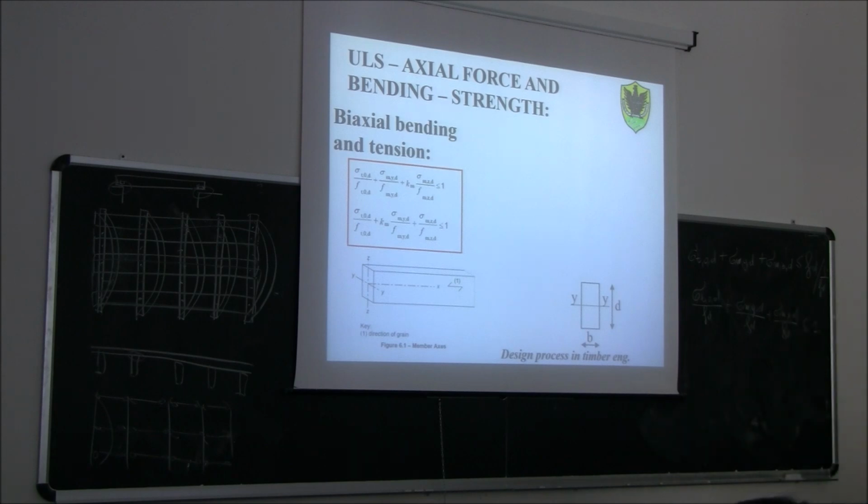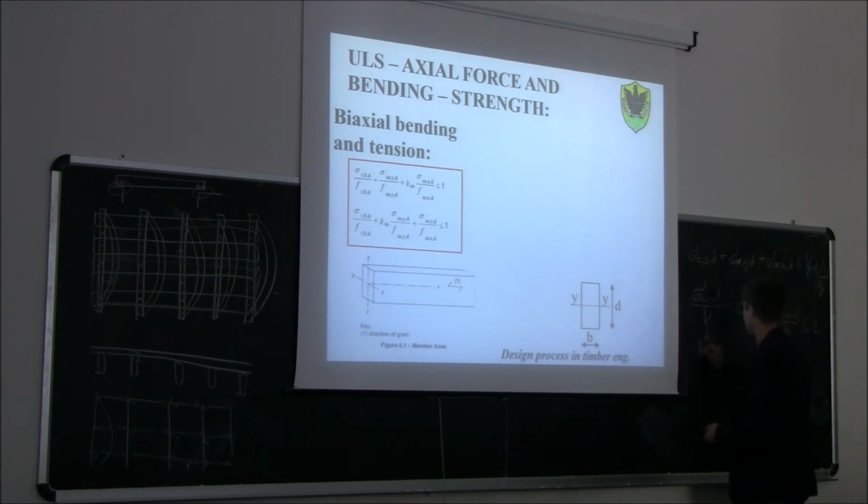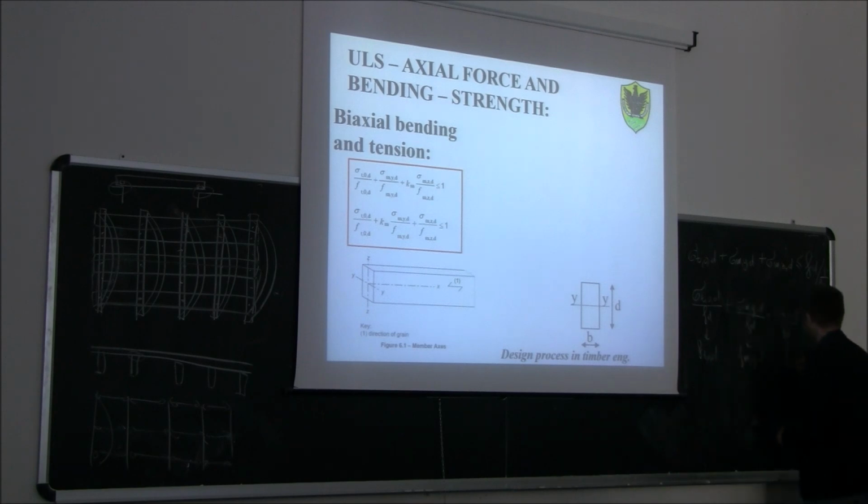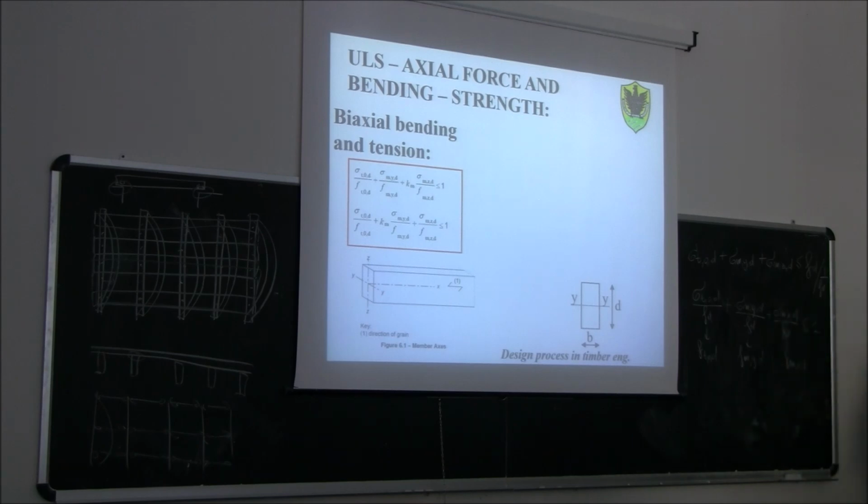And then we realize that actually these design strengths are different in tension and in bending. And so we need to replace this with ft,0,d, and this one with fm,y,d and fm,z,d, and then add this km. Remember, that takes into account the plasticization. Okay? So those inequalities basically come from this equation.